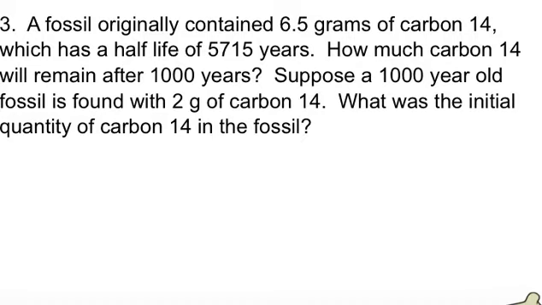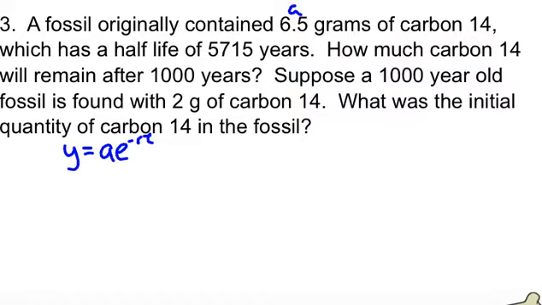We're talking about carbon decay, so the formula that we're going to be working with is a e to the negative rt, because carbon is decaying. We know how much we initially have. This is our a, but we don't know our rate. Until we can figure out our rate, we're not going to be able to plug in.